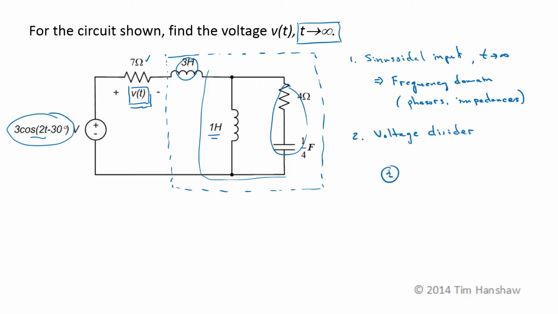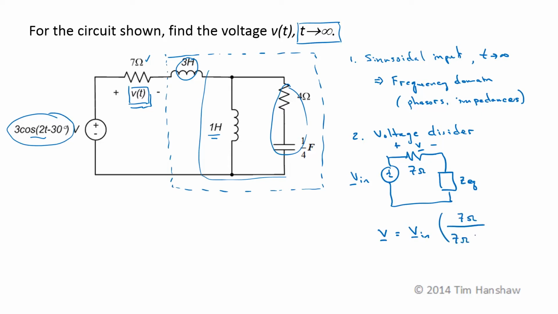So it looks like we have some input voltage as a phasor, a 7 ohm resistance, and then some equivalent impedance, call it ZEQ, and we want to find the voltage phasor here. So the voltage phasor V is going to be Vn times 7 ohms over 7 ohms plus ZEQ. So if we find the equivalent impedance of this whole mess over here, we're home free.